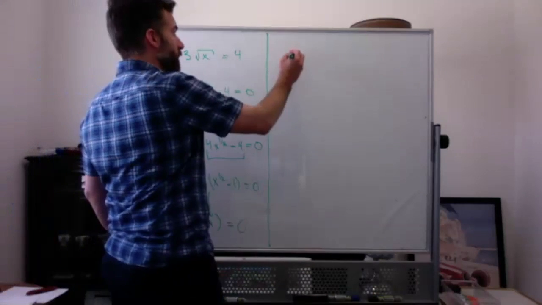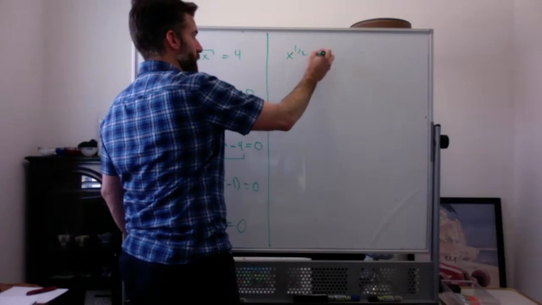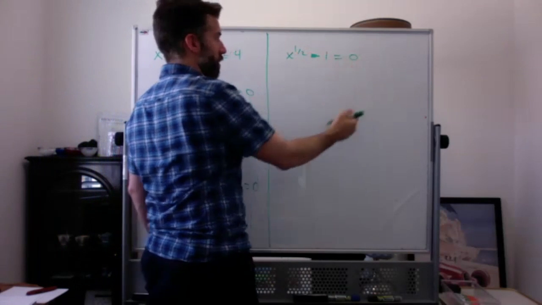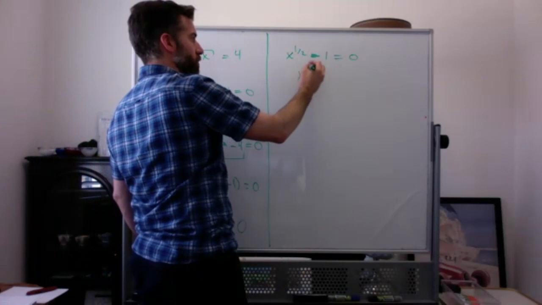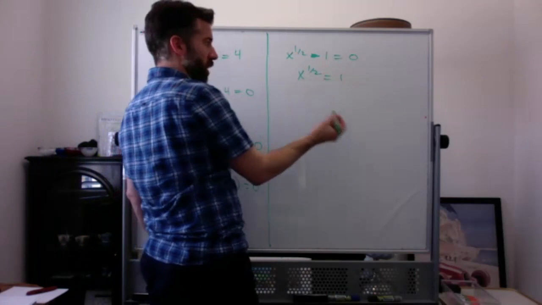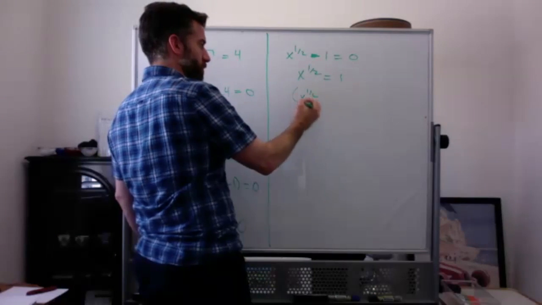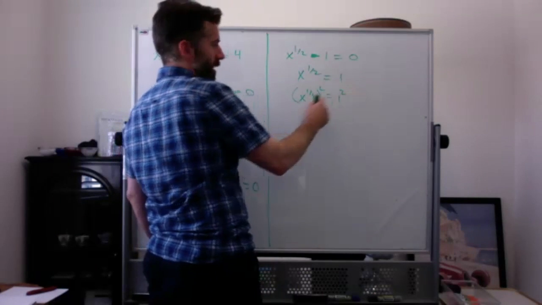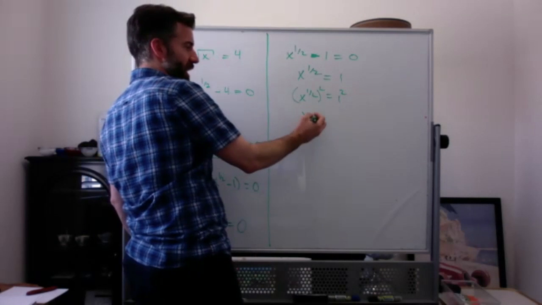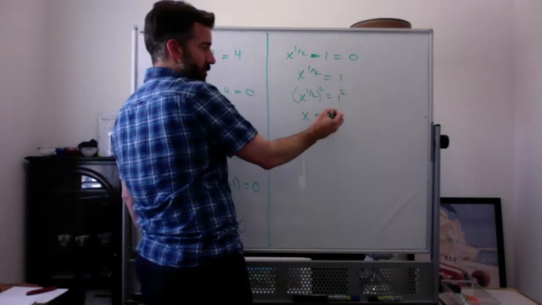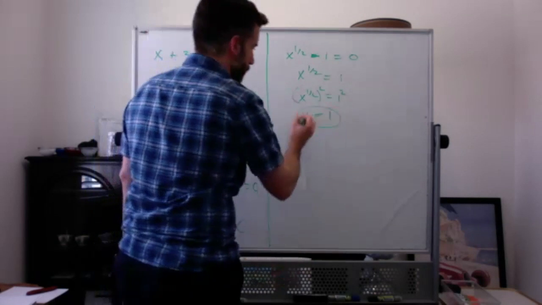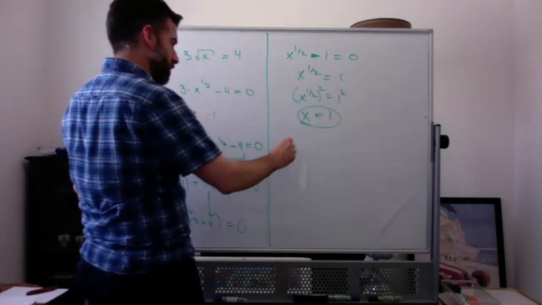So I'm going to set x to the 1/2 - 1 equal to 0. I'm going to add 1. I'm going to square both sides. X to the 1/2 squared is just x. 1 to any power is 1. Now I'm going to do the same thing here.